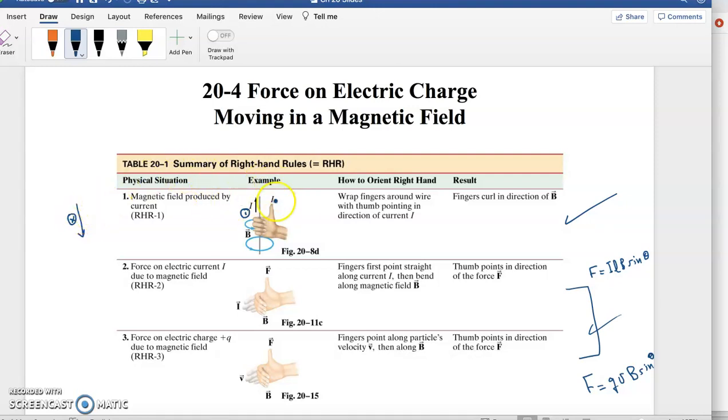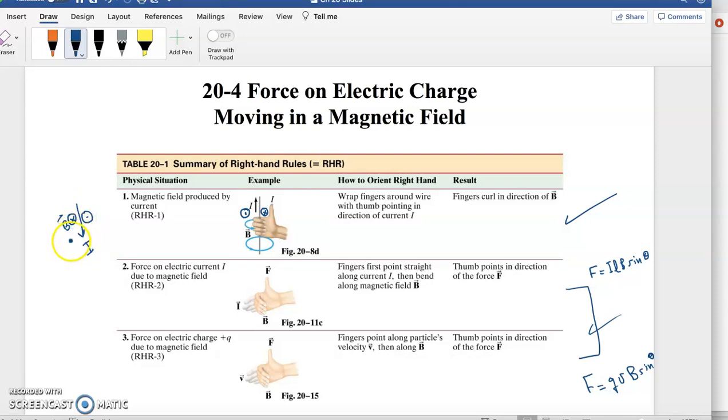What about the direction of the magnetic field at this point? It's curling the fingers up, out, and in. So at this point, it will be in. What about here? You'll go with your thumb down. So the magnetic field direction, here again, if your thumb is down and you are curling your fingers, here it will be into the page, and here out of the page.